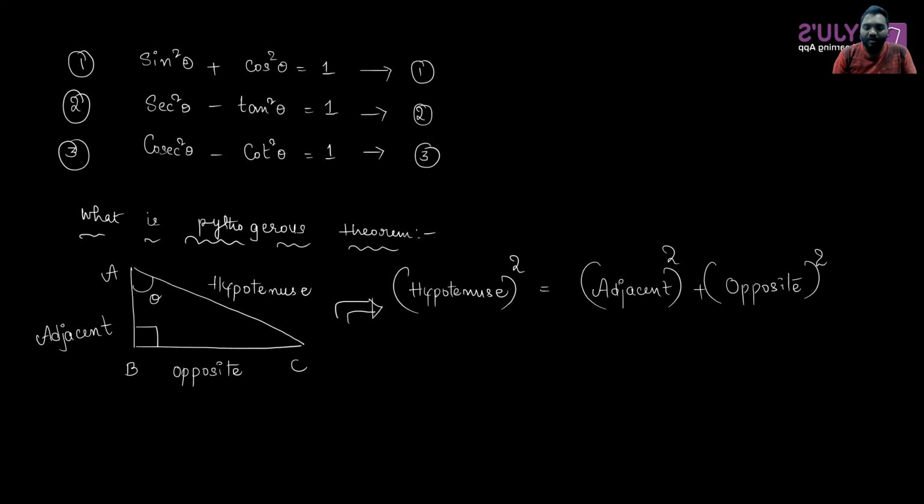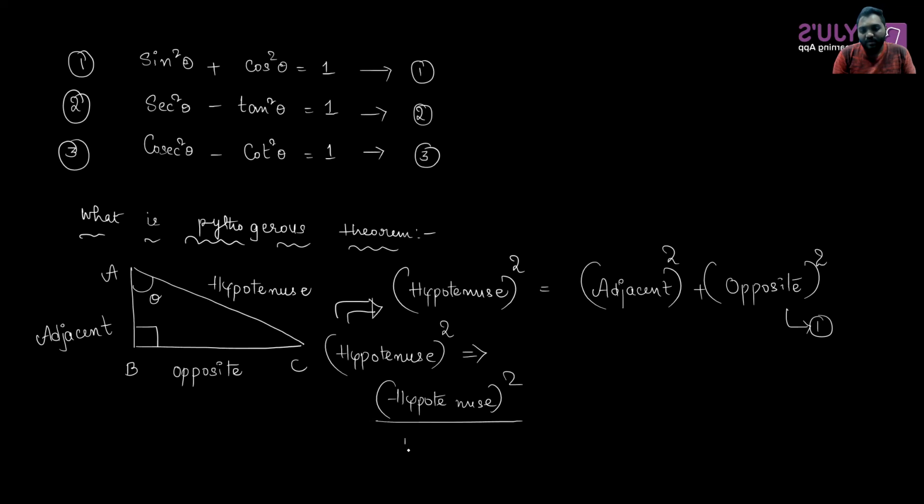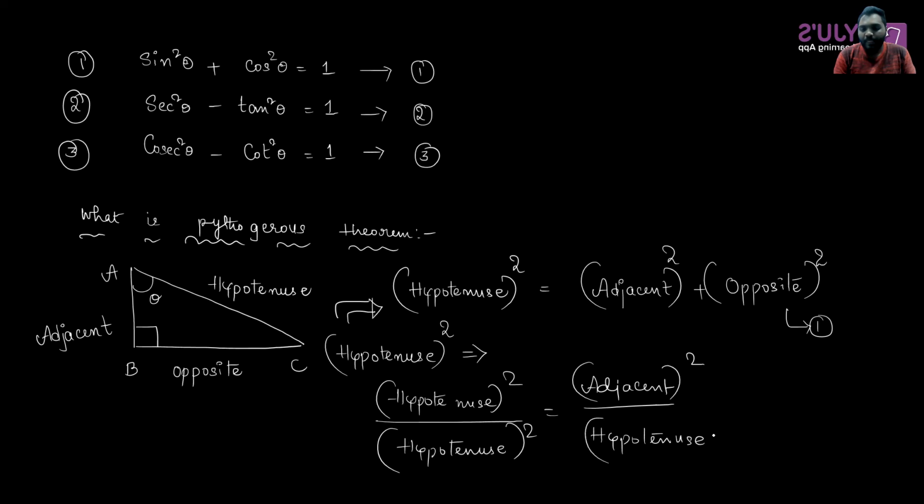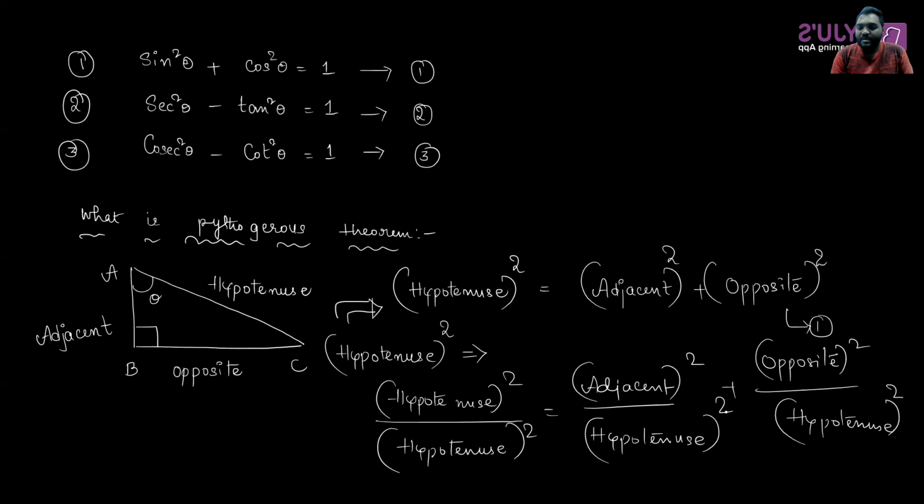When I divide the entire equation 1 by the hypotenuse square, hypotenuse square divided by hypotenuse square equals adjacent square divided by hypotenuse square plus opposite square divided by hypotenuse square. Let us see what kind of result we derive.